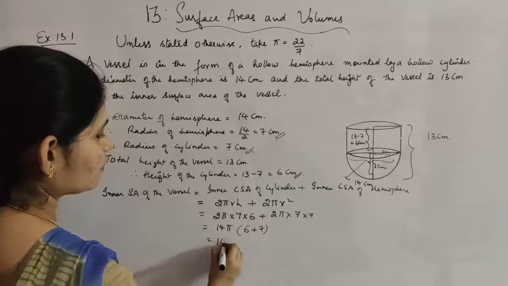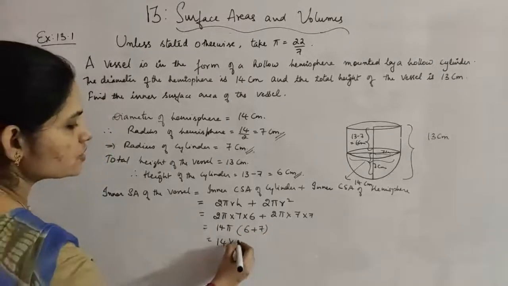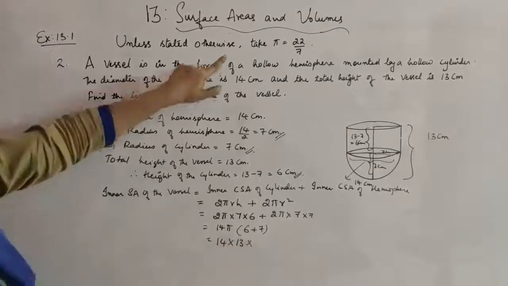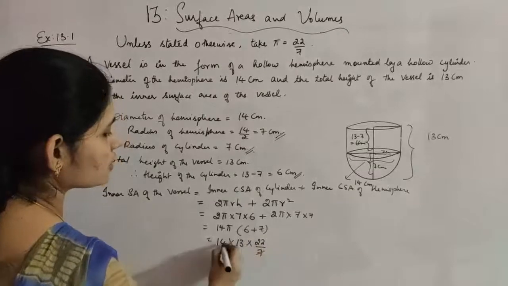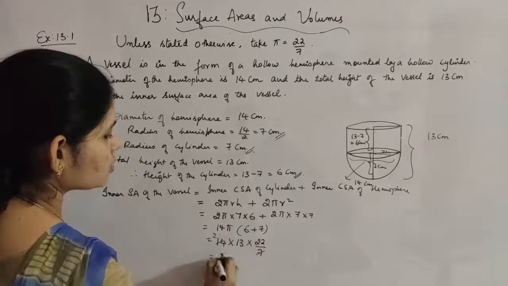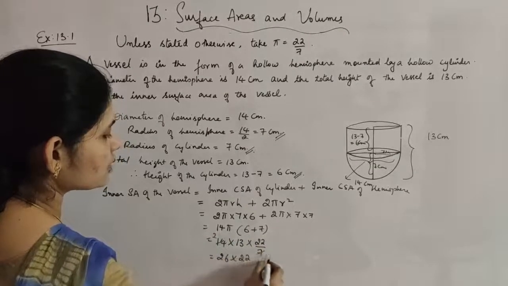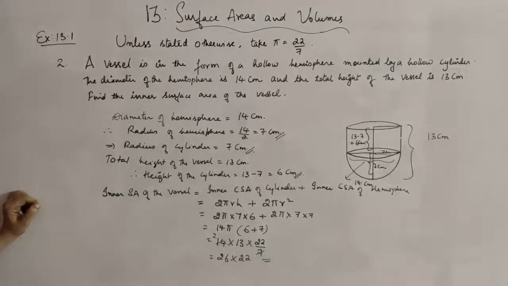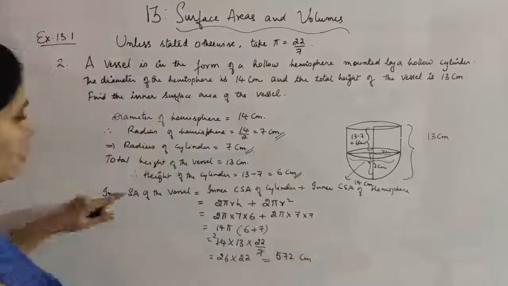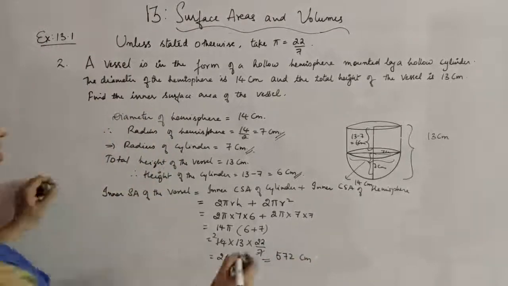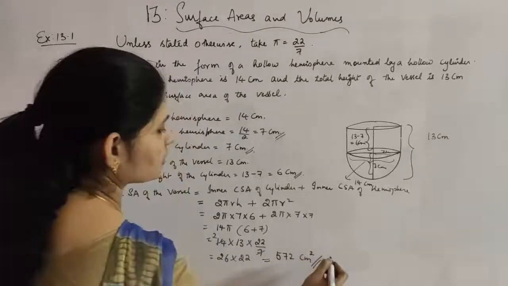So you are getting 14 into 13 into, you can take the value of pi as 22 by 7. So this will give you 26 into 22, which is equal to 572 centimeter. What will be the unit? You are finding out surface area, so the unit is centimeter squares. Okay.